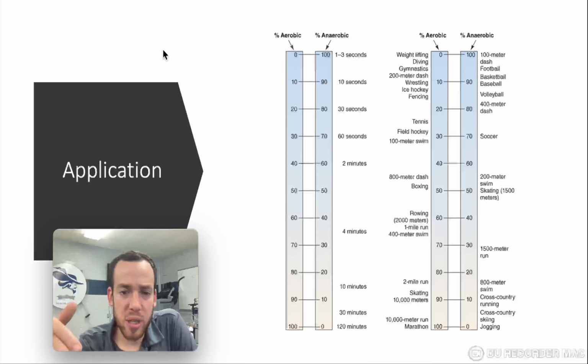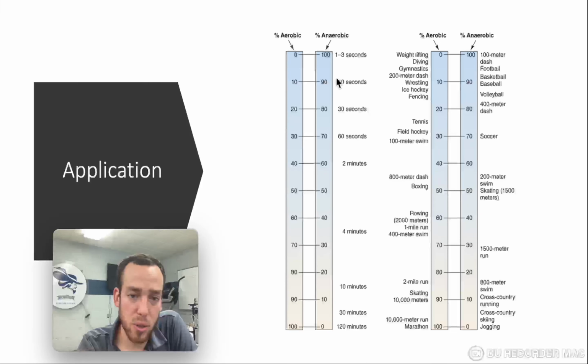So if we talk about these systems, we're going to be curious about the application, the aerobic versus anaerobic. We can see this idea of an exercise that's 1 to 3 seconds is going to be almost 100% anaerobic. One that's 120 minutes is going to be almost 100% aerobic. And we're at that 50-50 mark at maybe 2 minutes and 45 seconds typically of an all-out exercise.